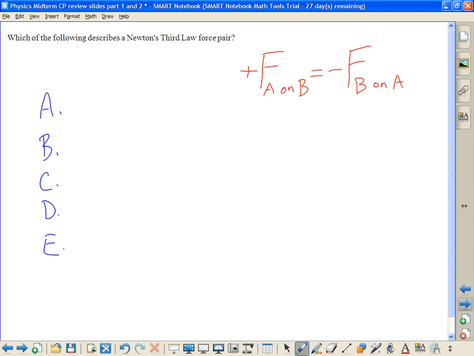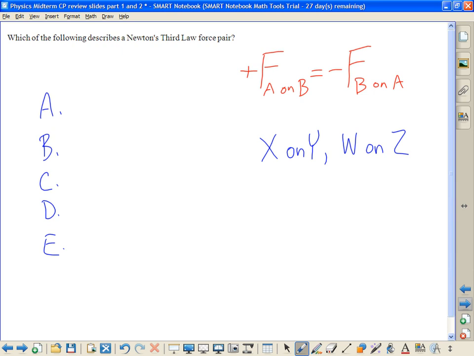Let's see. Is that a Newton's third law force pair? No. Mike pulls on Joe, 10 newtons north.